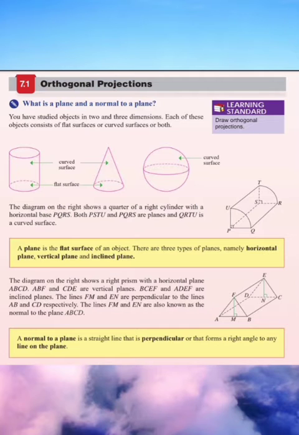So that's the first element, which is you need to know the meaning of plane and the types of plane. The second element that you need to remember is the normal to a plane is a straight line that is perpendicular, or that forms a right angle, to any line on the plane.